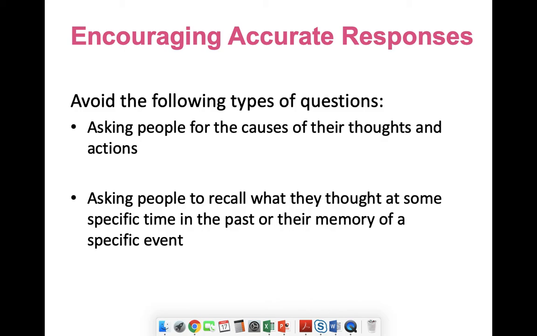This is the idea that people are very capable of providing reasons for their behaviors, even though they might not know the true cause of their behavior. So if I asked you, why do you always buy a particular brand of yogurt? I'm quite sure that you could come up with an answer. It might be because you think it's the most nutritious. It might be because you think it tastes the best. But what psychologists have learned is that the answers that people give aren't necessarily the true reasons.